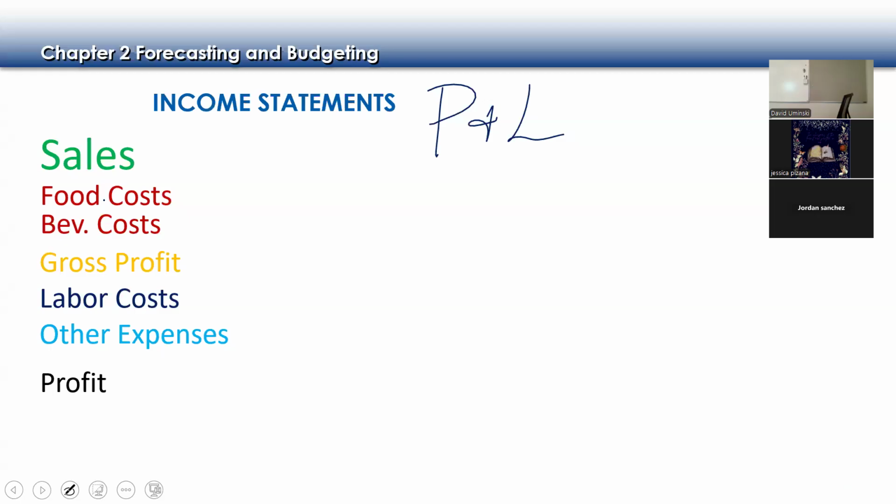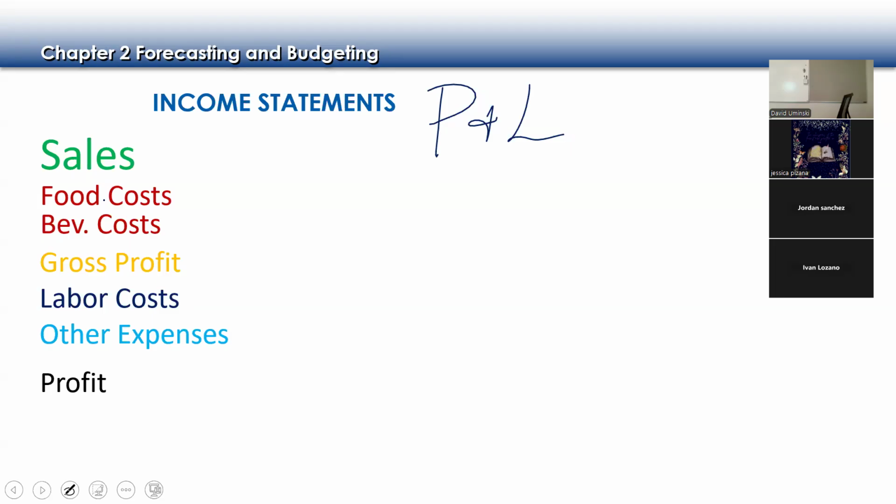Food costs could be our meat, our vegetables, our produce. It could be our breads. It could be so many things. Our beverage costs could be sodas. It could be wine, beer, liquor. There's so many different things that can be different accounts under each one of these, but we just lump them all together in these general accounts to get this P&L. So it's basically a snapshot.